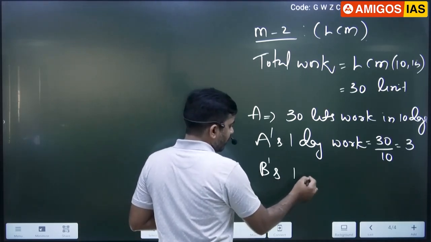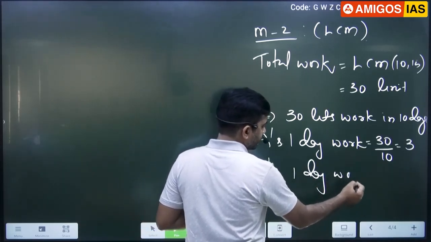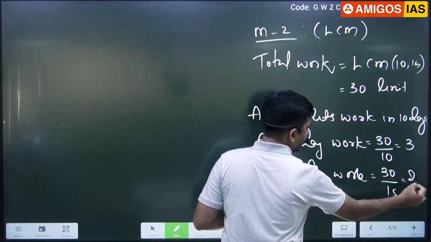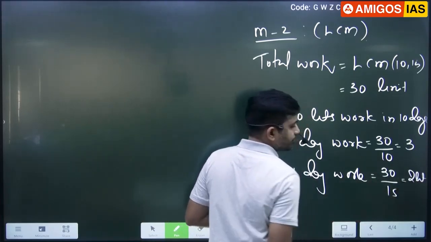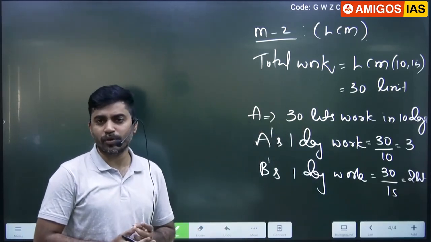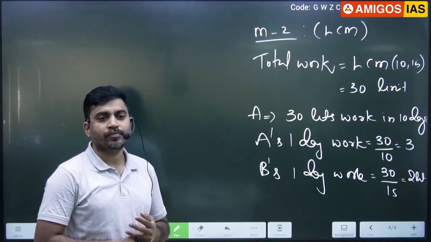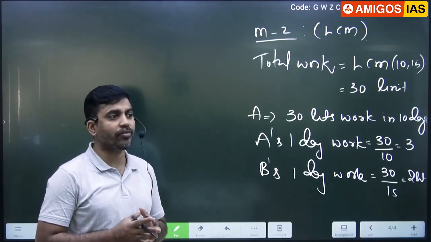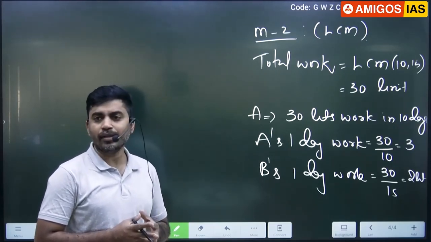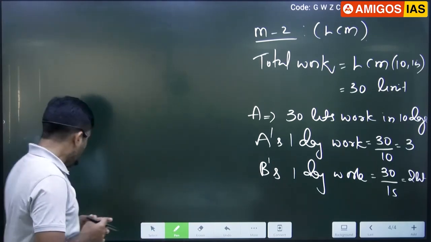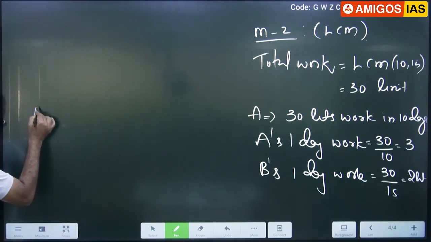What is B's 1 day work? 30 by 15 means 2 units. Because B is completing total work in 15 days, in 1 day, 30 by 15, it is 2. Now both are working together, right?